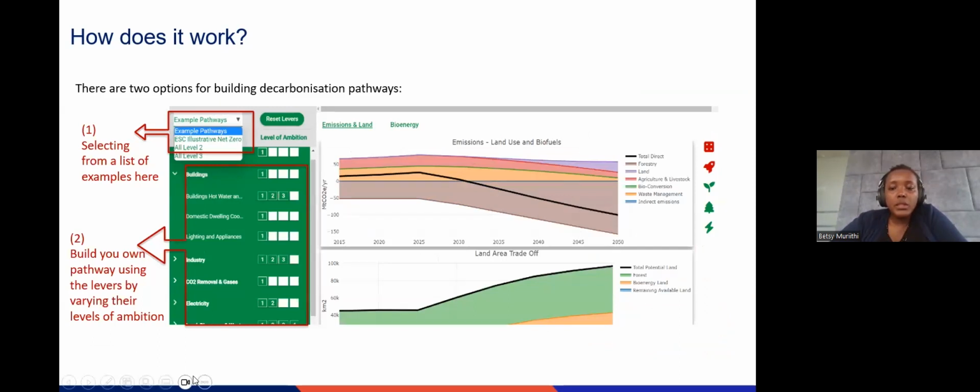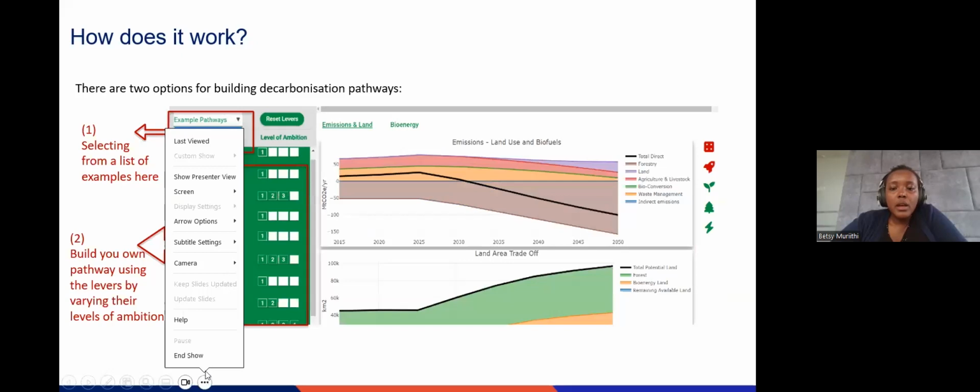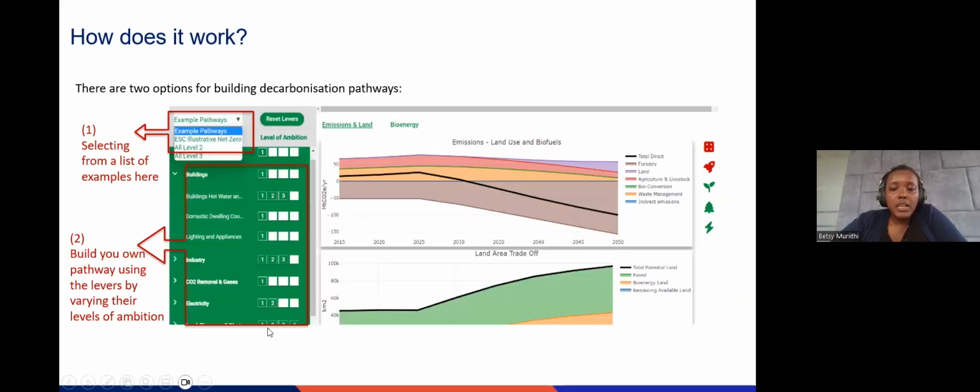That one will set all the levers and their corresponding level of ambition to a selected level that aims to meet net zero by 2050. And then you can see what level of ambition for each lever is needed to reach net zero. Alternatively, you can play around with a different configuration to build your own pathway by using the levers and their varying levels of ambition.